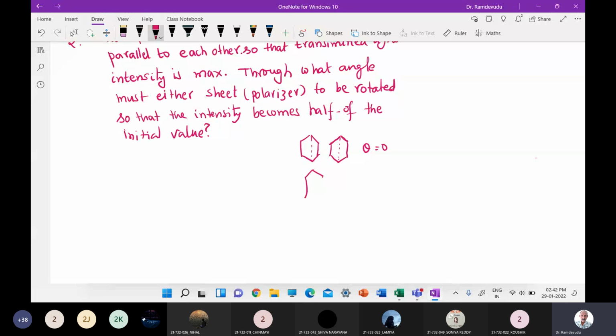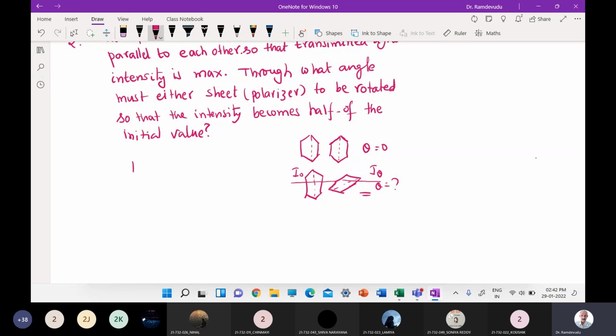If I keep this as it is, I have to rotate the other by some angle, so that the transmitted light I becomes I naught by 2. So at what theta should I turn this?